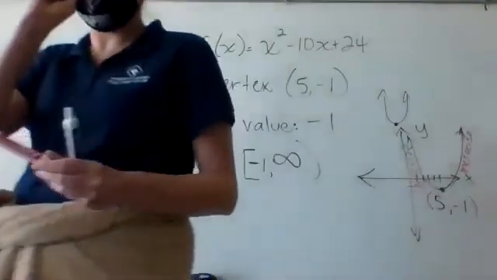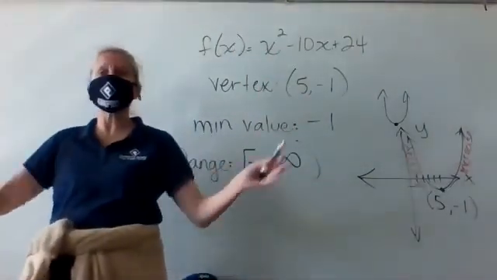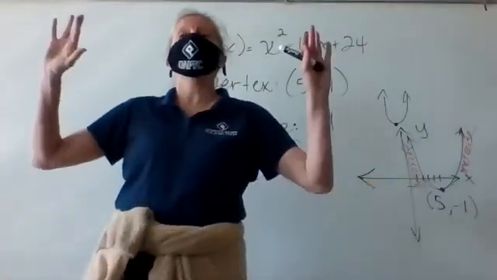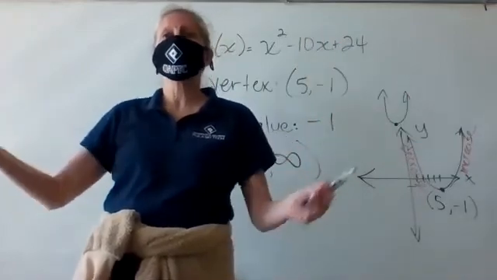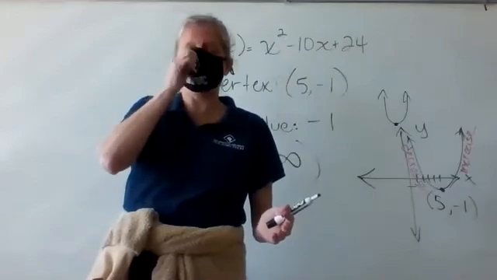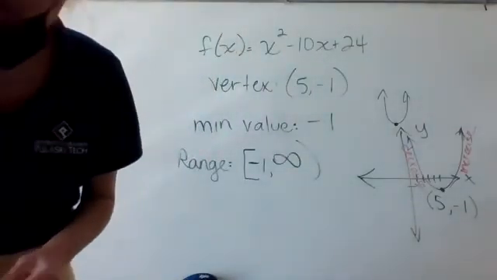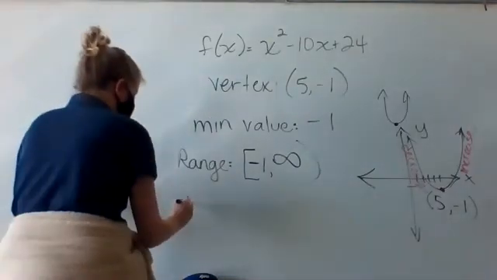Now, when we're talking about increasing and decreasing, first of all, everybody's in parentheses, and you're using the x coordinate of the turning point. So what does it want to know first? First thing it wants to know is the increase.